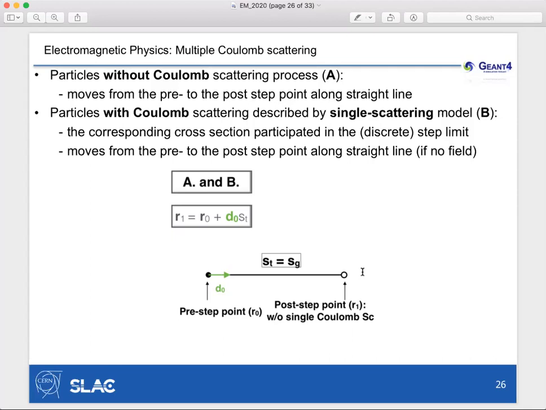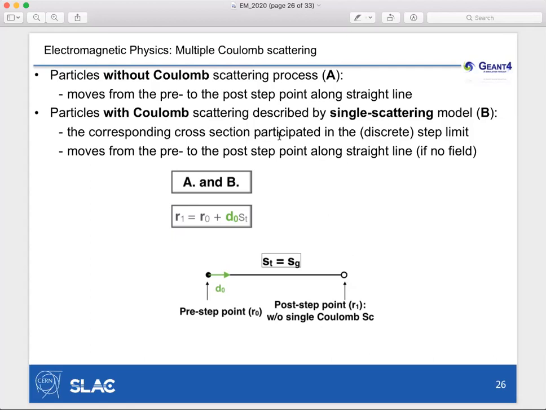Depending on whether the particle has Coulomb scattering, or the Coulomb scattering is described by a single or multiple scattering model, there are three different scenarios when we move a particle from the pre- to the post-step point. The first is when there is no Coulomb scattering: you can imagine a photon will simply move from the pre-step point R0 to R1 along a straight line. Nothing will happen.